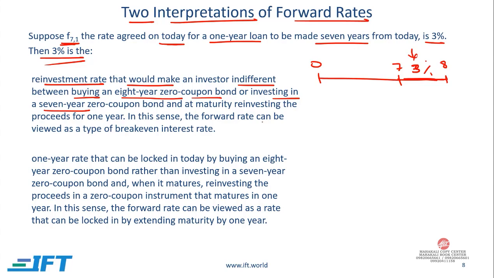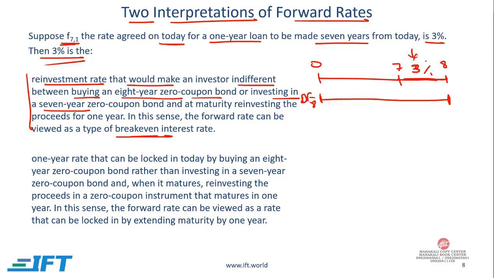In this sense, the forward rate can be viewed as a type of break-even interest rate. So one strategy is to simply buy an 8-year zero coupon bond. At time 0, the investor buys it at a certain price, DF8, and then gets par value at the end.